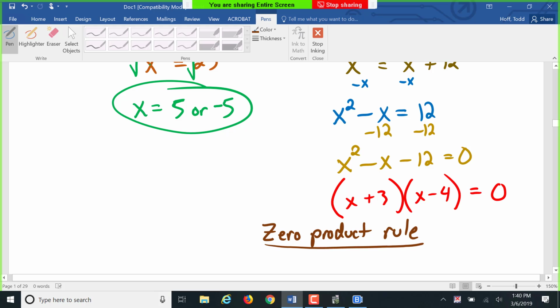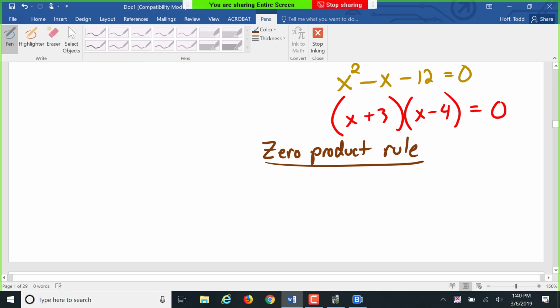Now, most of you have probably seen the zero product rule in its simplified form, which is just anything times 0 equals 0. But the zero product rule has a more important, more useful form. And that is, if a times b equals 0, then either a has to be 0 or b has to be 0.